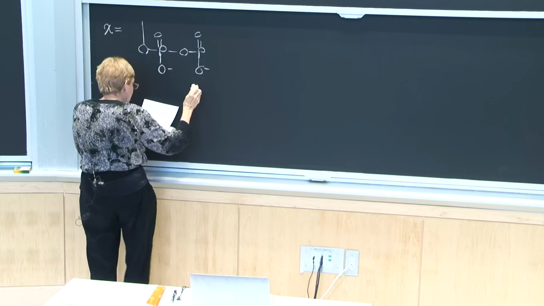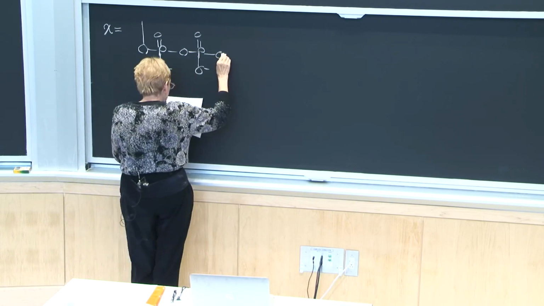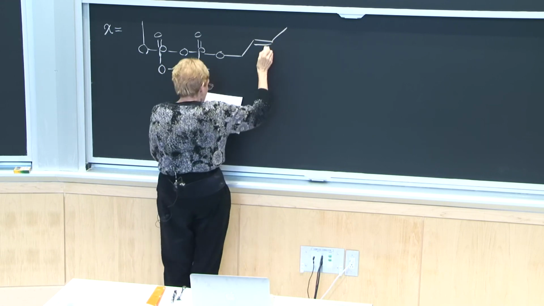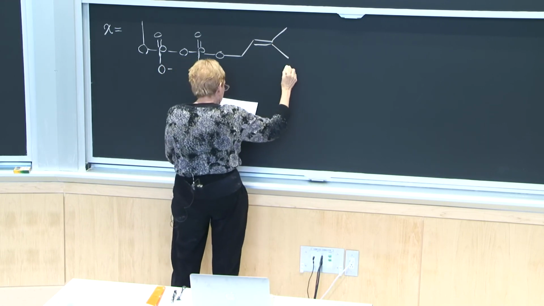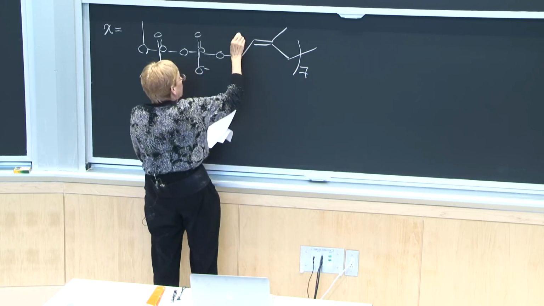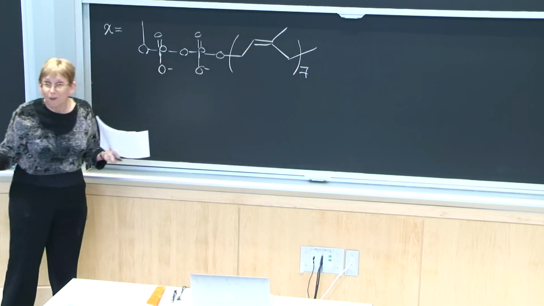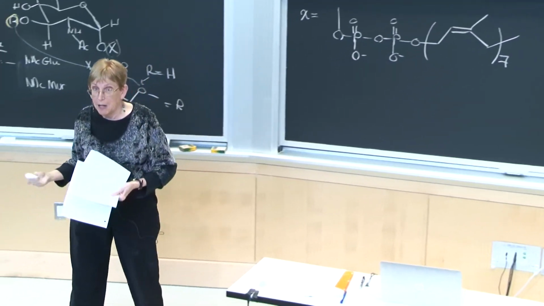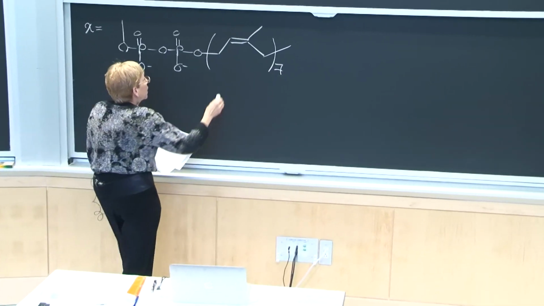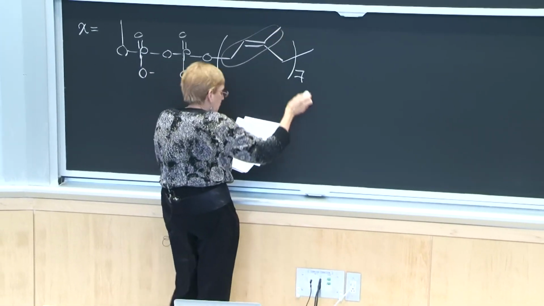But this strategy is also used in humans, where you have a lipid that is made from, hopefully you now know, isopentenyl pyrophosphate. Okay, and there are 7 of these where you have the trans configuration.